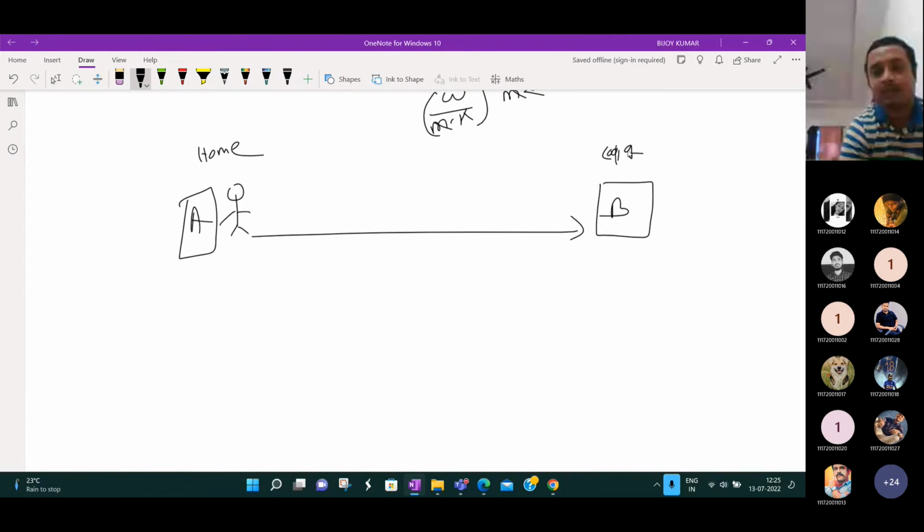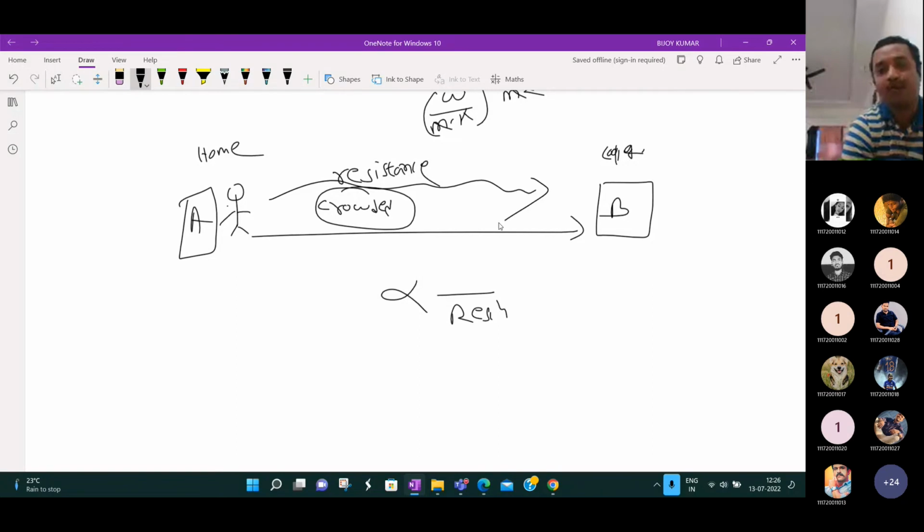Suppose it is a very crowded place, then what will you feel? You will feel more resistance. Yes or no? So the time of travel will be inversely proportional to the resistance. If the crowd is more, you will feel more resistance to travel from here to here, so you will take more time.